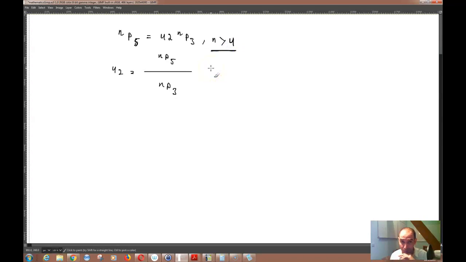Now what I can do is that, well, you know that n permutation 5 is the same thing as n factorial over n minus 5 factorial, and n permutation 3 is the same thing as n factorial over n minus 3 factorial.